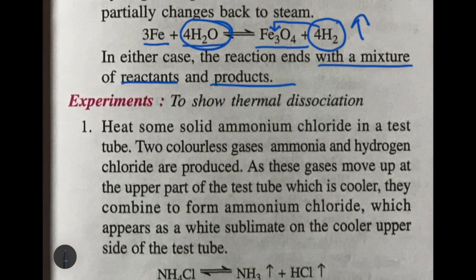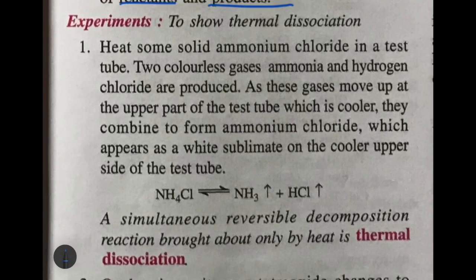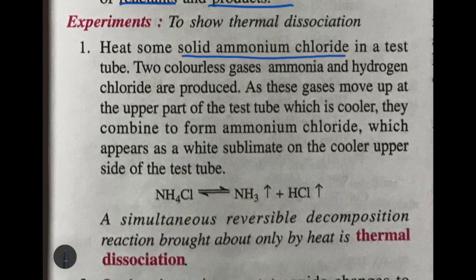Next is an experiment to show thermal dissociation. What do we do? We take some solid ammonium chloride. This is also a reversible reaction. In a test tube, you will see that 2 colorless gases are given out. One is ammonia, the other one is hydrogen chloride.